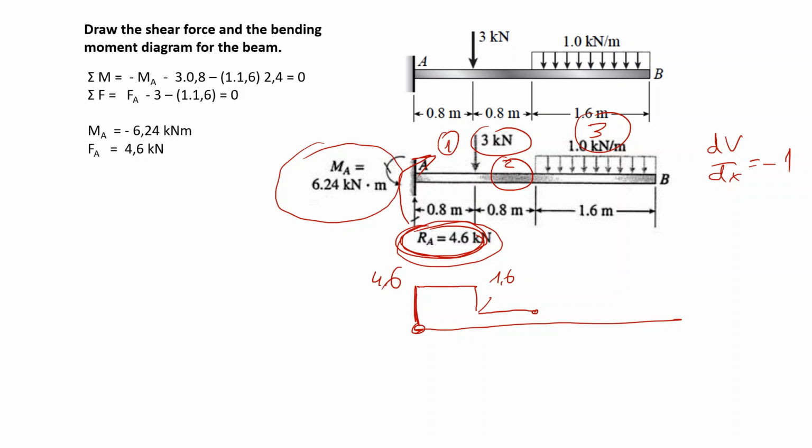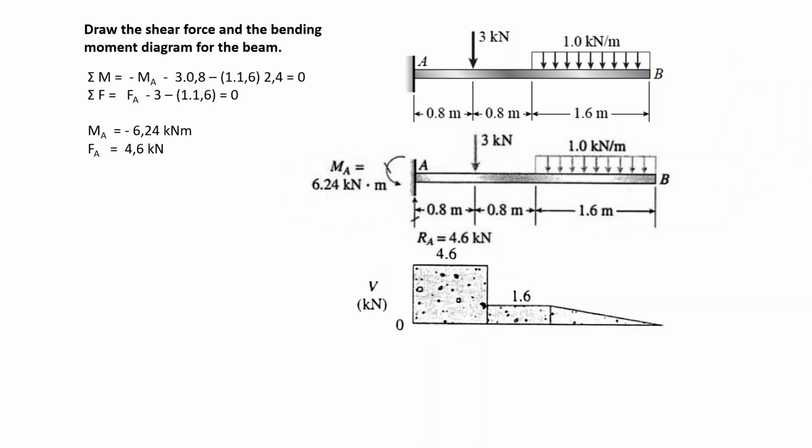Well, we know that here w is plus 1, but dV over dx is minus w. So with a slope of minus 1, when you go down 1.5 meters, then starting from 1.1, going down, you reach the 0. So your shear force will look like this.